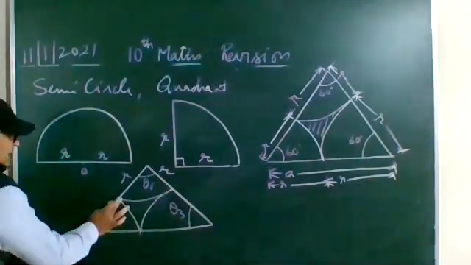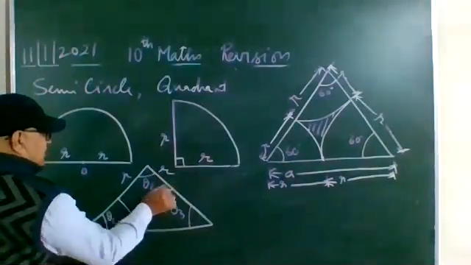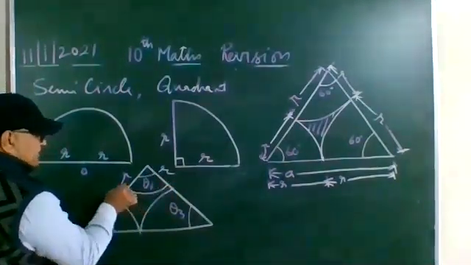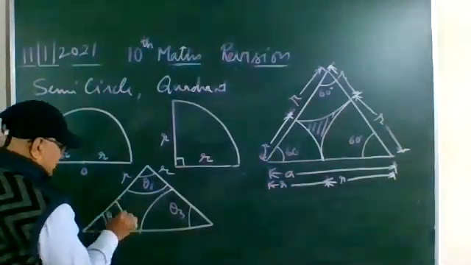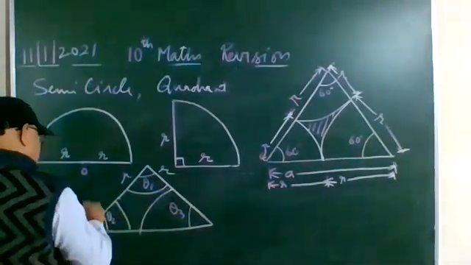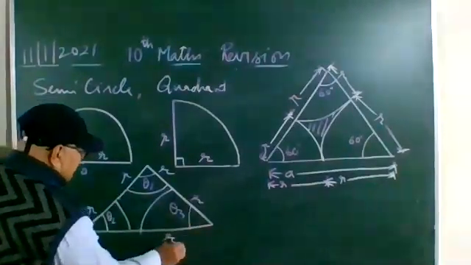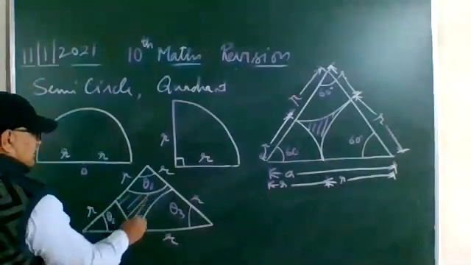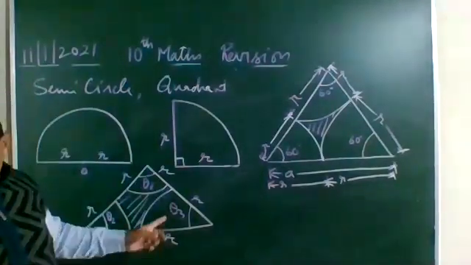It is not necessary, so the figure may be any figure. You can take this as R. Now this is R. This is R. And this is R. So the shaded region will be like this. If it is an equilateral triangle, then the figure will be like this. But if it is a scalene triangle, that is also another figure.